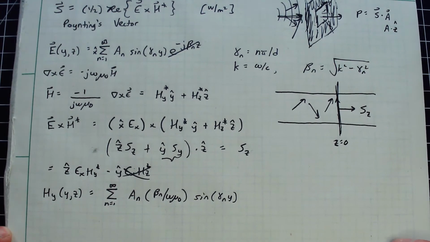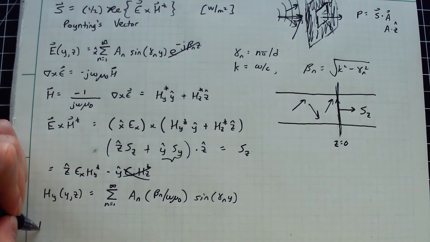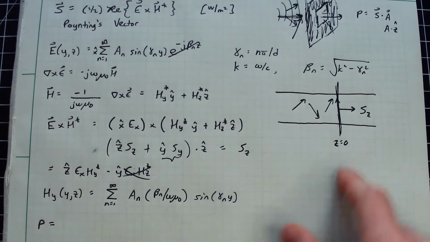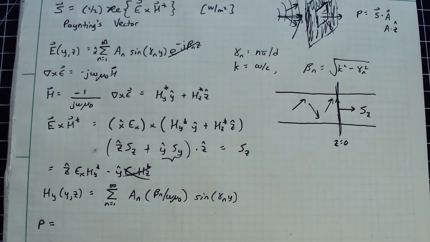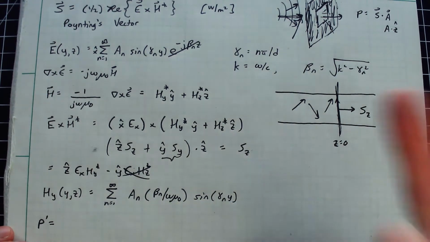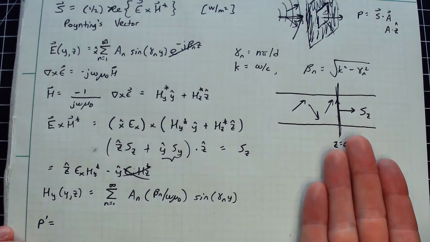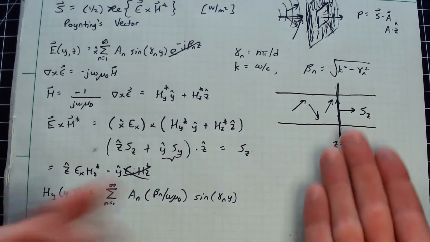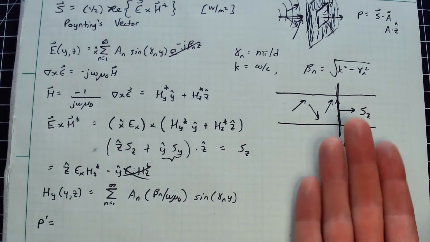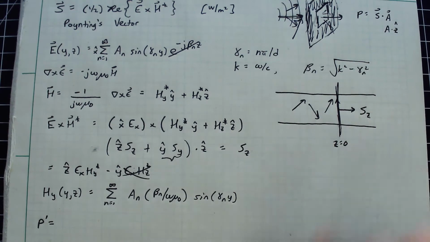It's just that the magnetic field, this particular component, has this little scale factor in here for each of these modes. So what I'm going to do is calculate the linear power density going down my waveguide. So I'm going to denote this as a P prime to indicate that it's not watts per se, it's watts per meter, because this thing is infinite in extent along this direction. So if I want actual watts, I have to define some width here along my direction outside of the paper. But that's okay.